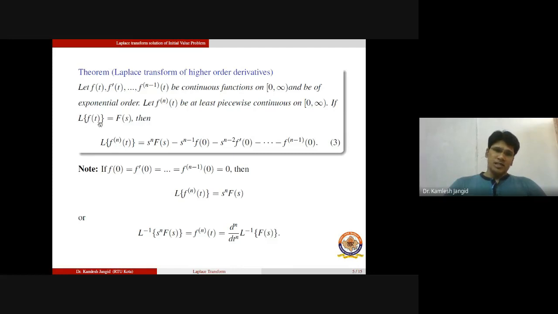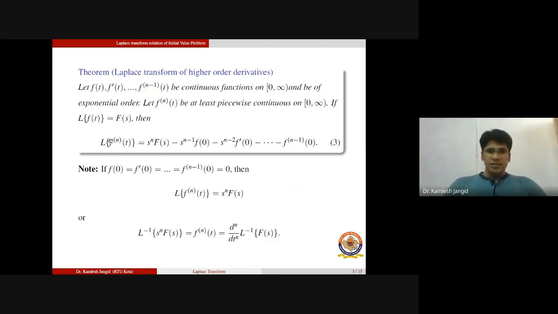If the Laplace transform of the actual function f equals capital F(s), meaning the Laplace transform of the actual function exists, and its n minus 1 derivatives are continuous and of exponential order.